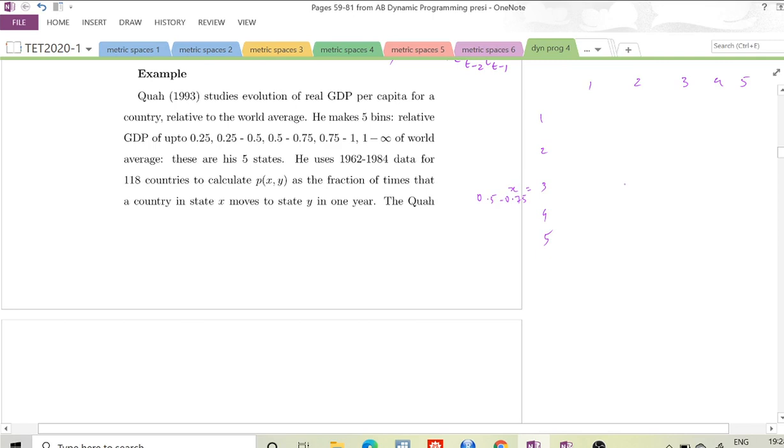I will calculate what the probability is that such a country will continue to be in the same bin tomorrow, that is in 1963, or make a transition to a poorer bin, even poorer bin, richer bin, richer bin. Okay, so I'll calculate these probabilities P of X Y, and I'll in fact do it for all 5 states.